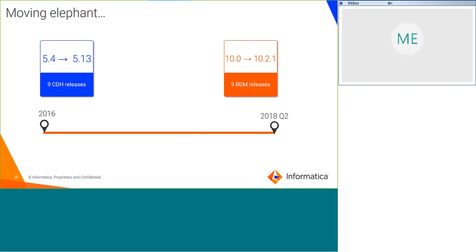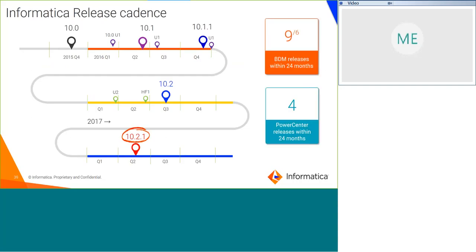You will see a similar stat even if I put a Hortonworks chart here. If I put that into the Informatica release cadence in a more granular way, you will see that in the last 24 months, we have done 9 releases. Out of the 9 releases, 6 were big data only releases.